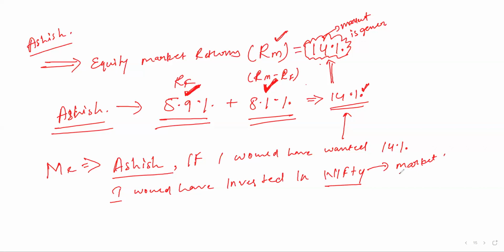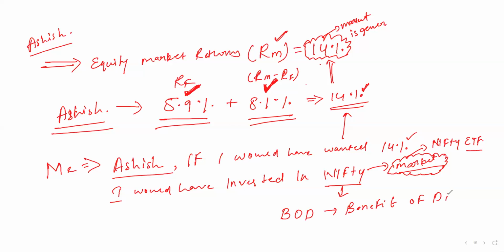I would have invested in market. I have 100 million of funds. I could have easily replicated the portfolio for Nifty, or simply I would have invested in Nifty ETFs, exchange traded funds. So if I would have invested in Nifty, I would have got BOD. What is BOD? Benefit of diversification.